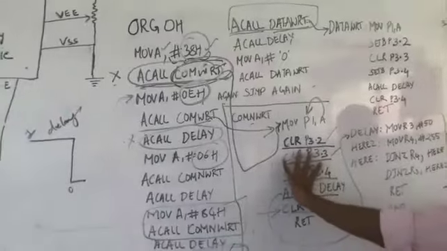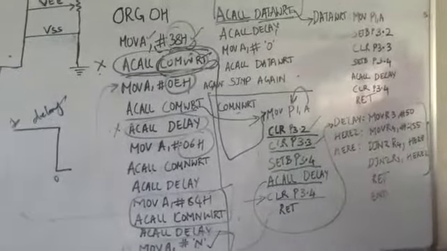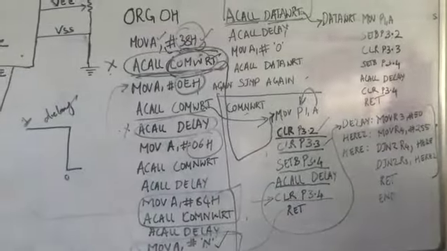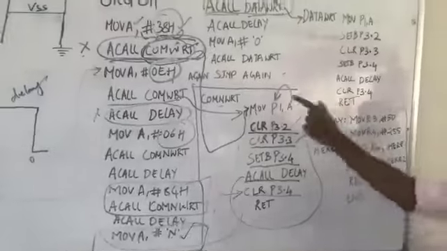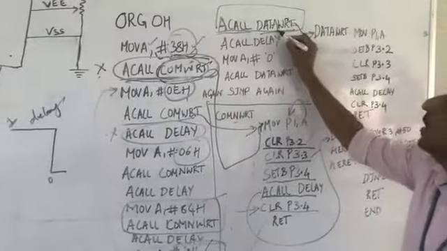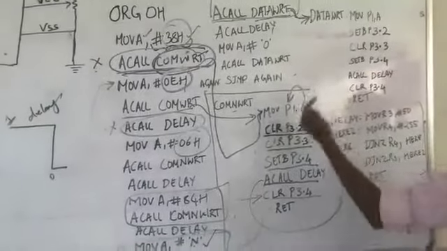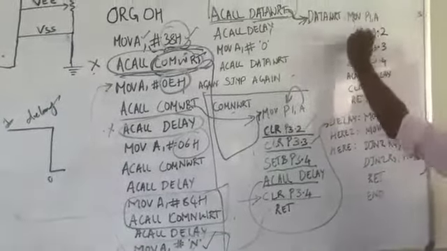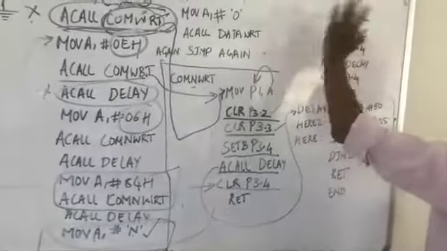Data write is one of the subroutines, delay is one of the subroutines. We have 3 subroutines which are written outside the main program, and from the main program, when we call data write, we jump into the location where exactly this particular subroutine is written, right?